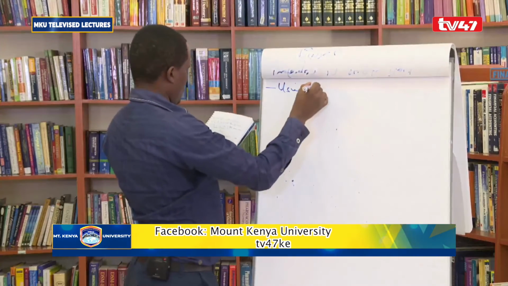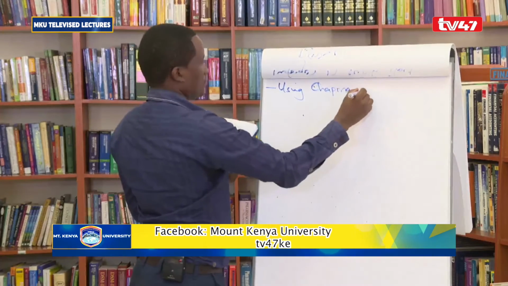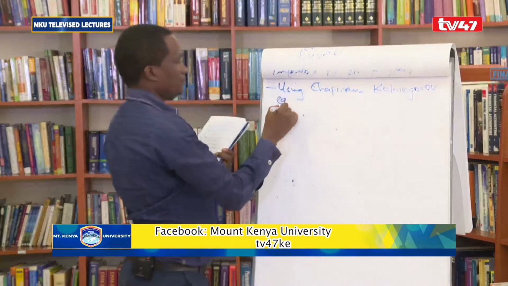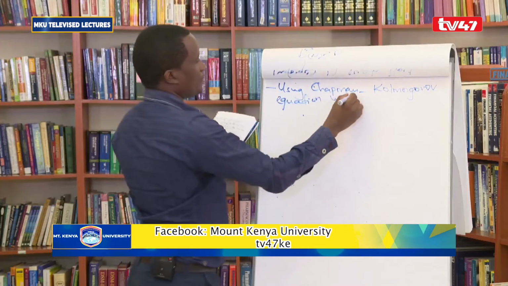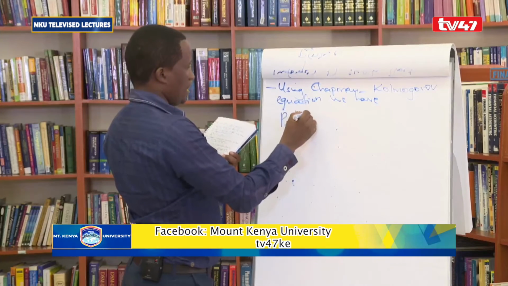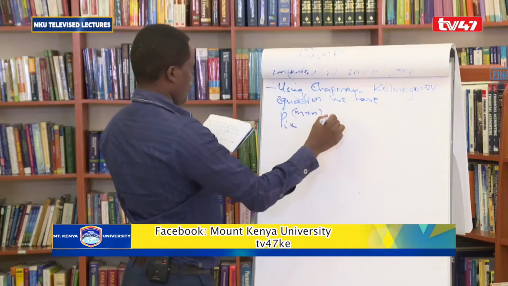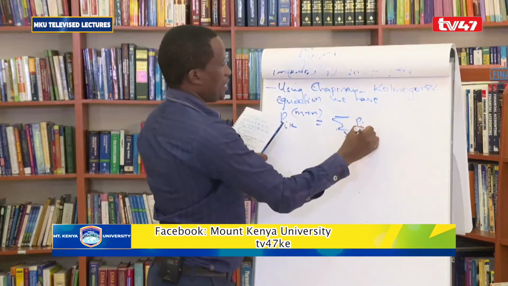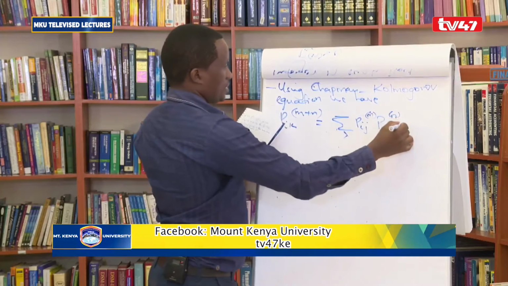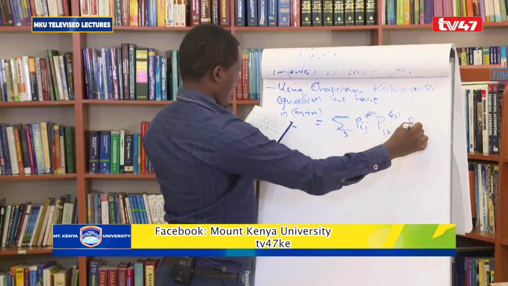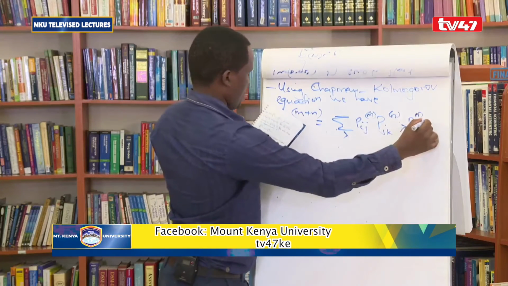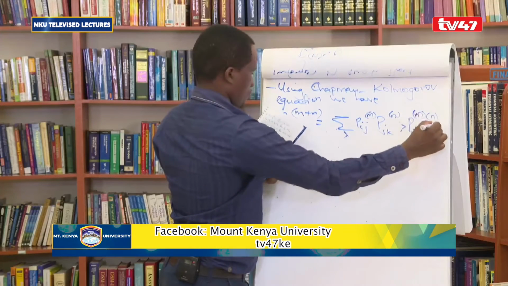Using the Chapman-Kolmogorov equation, we have p_ik^(m+n) is equal to the summation over lambda of p_i,lambda^(m) p_lambda,k^(n), which is greater than or equal to p_ij^(m) p_jk^(n), which is greater than 0.